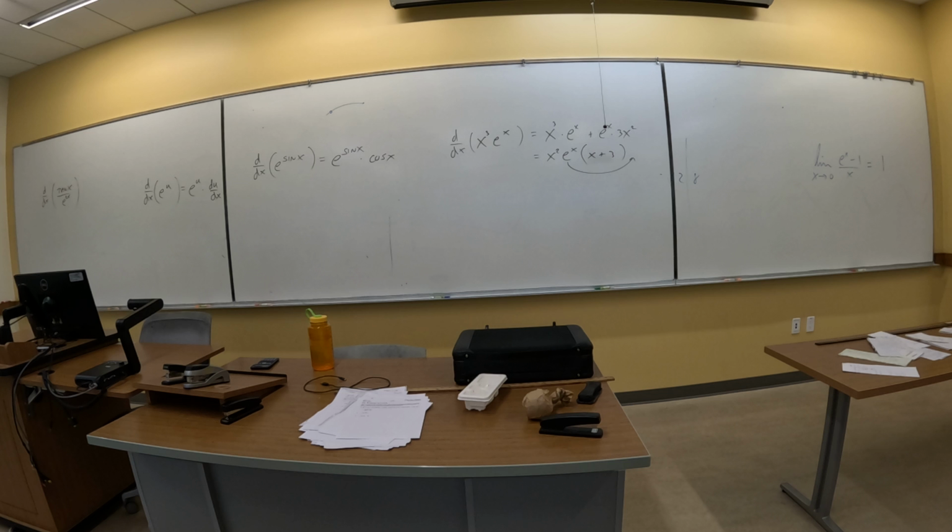Is there a time that I suggested that you want to write a quotient as a product? I give you a very, very specific one. You remember what it was? Anytime the denominator is something raised to a power. Is my denominator something raised to a power? Yeah, then you're going to cut half the work out by writing this as a product. It won't change your final answer, you're just going to get there with half the steps.